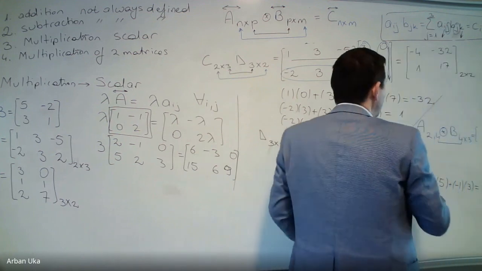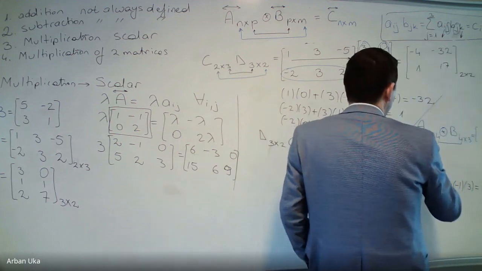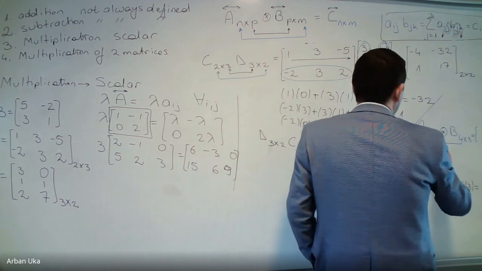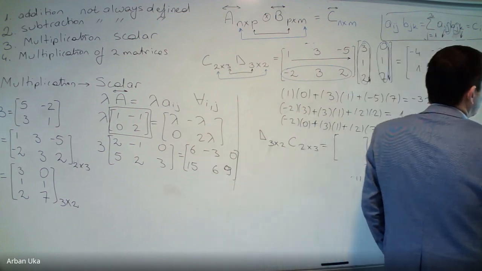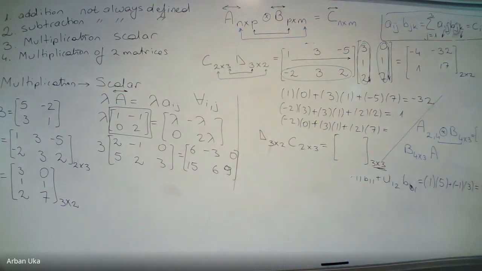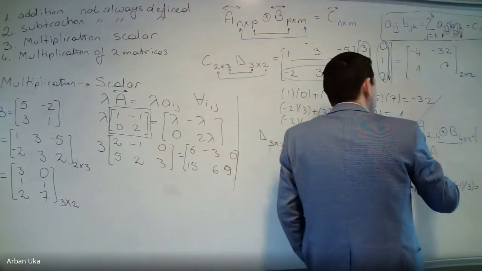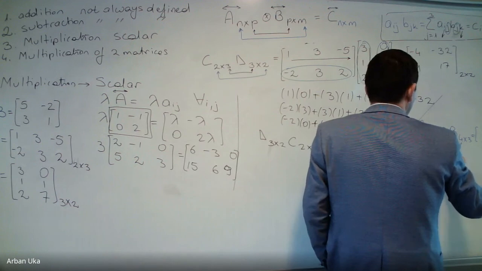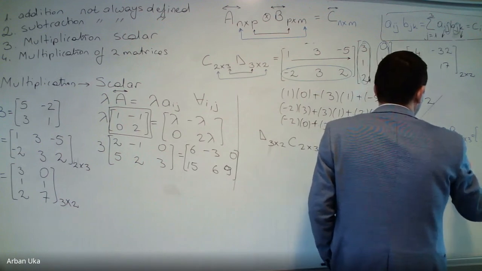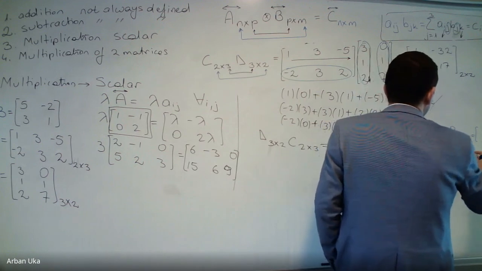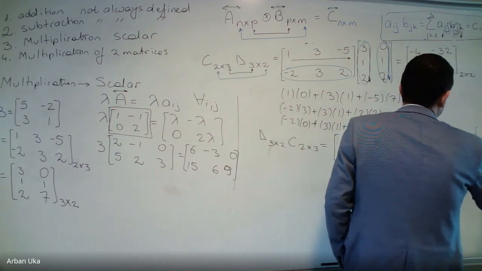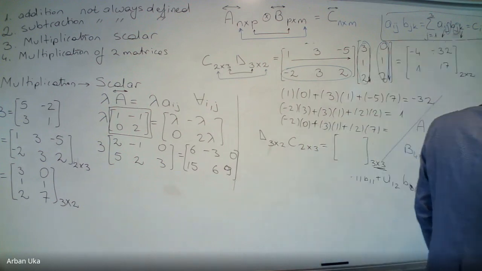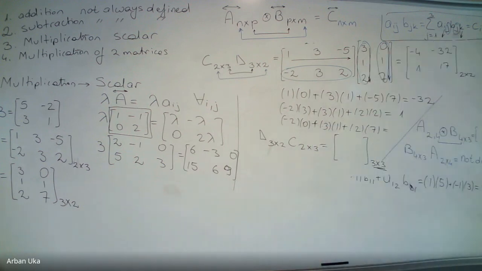What about B times A? This is not defined because B has 4 rows and 3 columns, and A is 2 by 4, so this is not defined. It is not defined because if we multiply the first row of B with the first column of A, we don't have enough numbers.